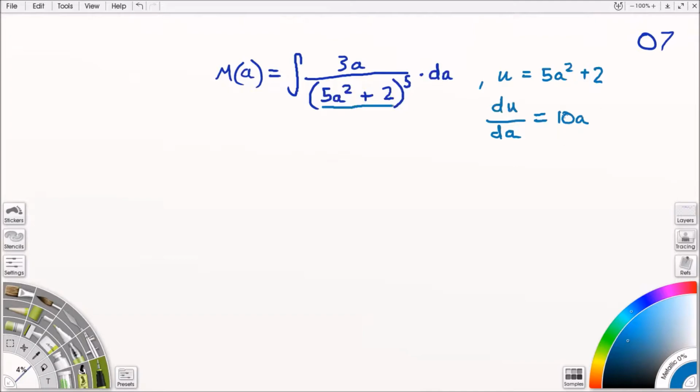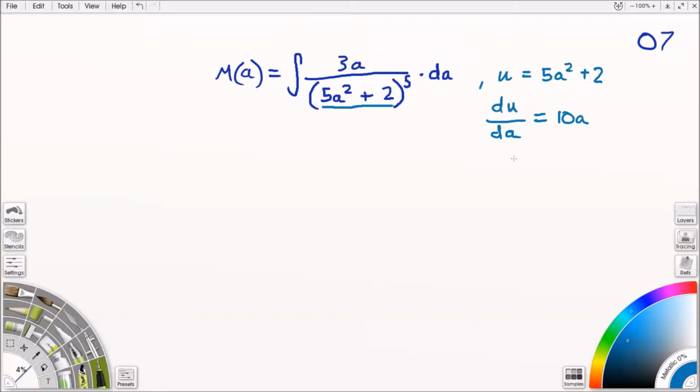Anyway, let's solve this. What I just did is du dA: we pretty much just derive u with respect to a, so we get 10a. If you're not familiar with how to derive that, just go look at day one, and the first 3 videos cover how to derive such derivatives.